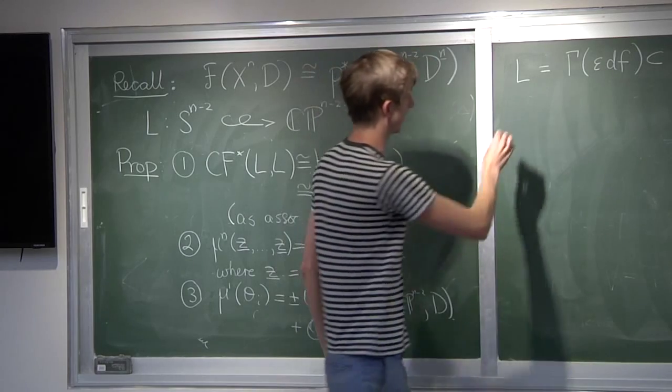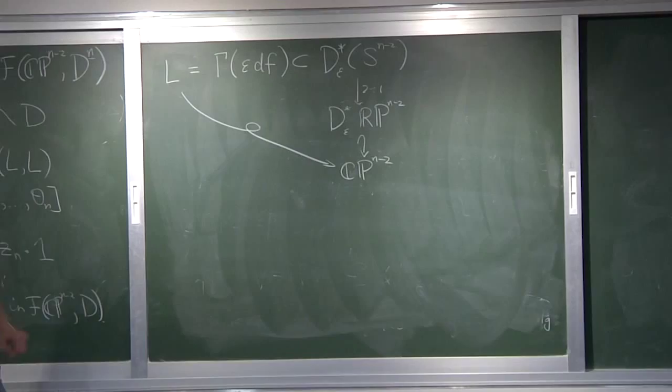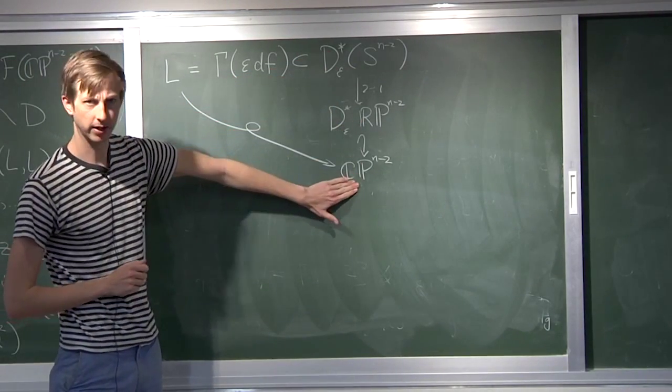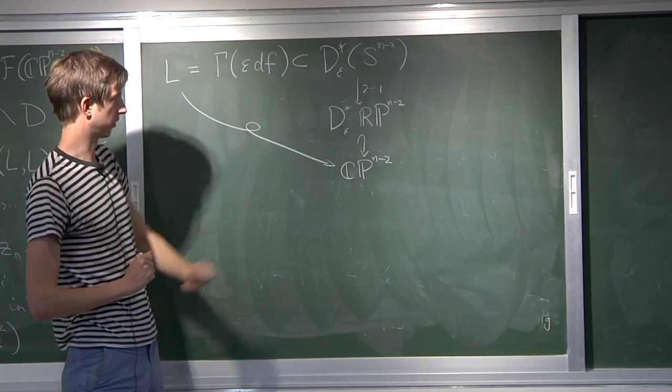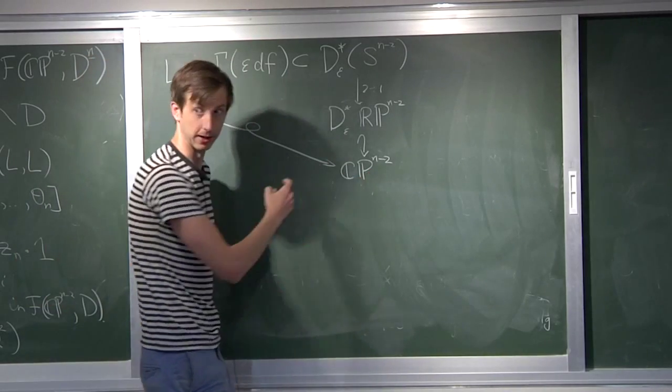We constructed this Lagrangian immersed sphere by taking the double cover of the real locus inside CP^(n-2) and pushing it off by a Morse function so that it avoided the divisors in here.